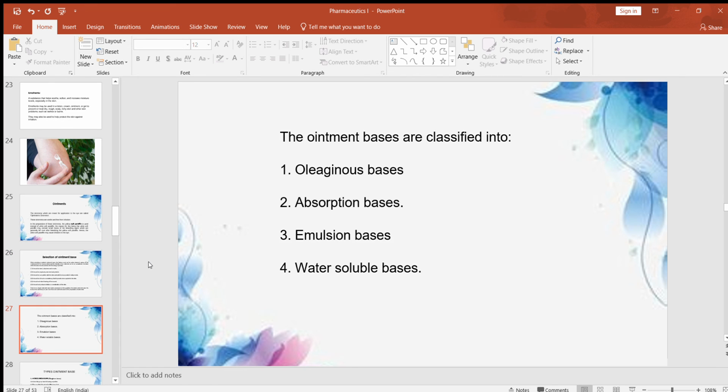Four types, as I mentioned: ointment bases are classified into these four types. Very important, you have to remember these four different types of ointment bases.